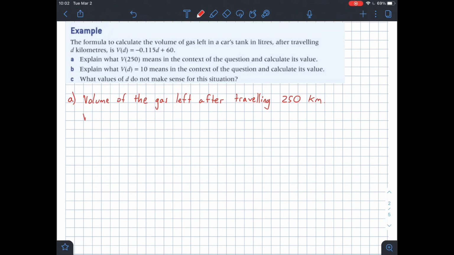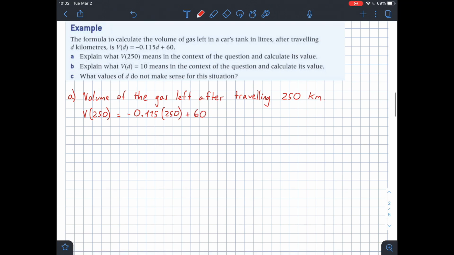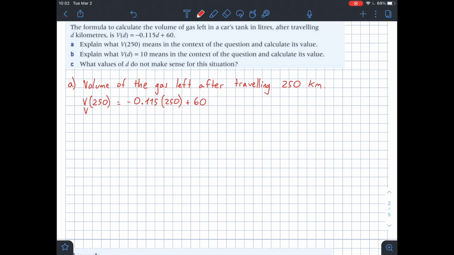So if we want to calculate that value, we would say that V of 250 is equal to negative 0.115 times 250 plus 60. We will need to use a calculator for this, so you can grab your calculators and make this calculation on your own. I'm going to do it here. So this is negative 0.115 times 250 plus 60.